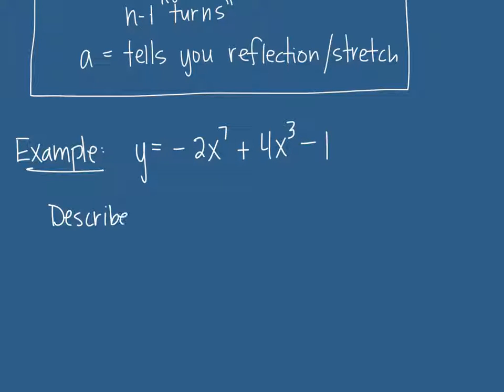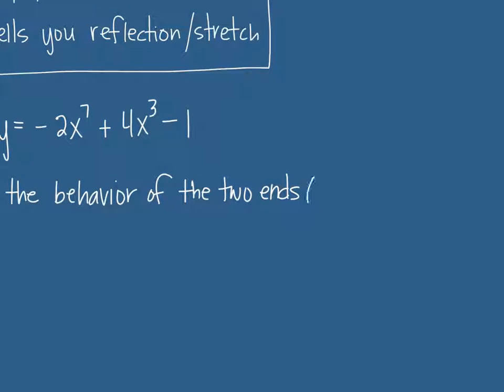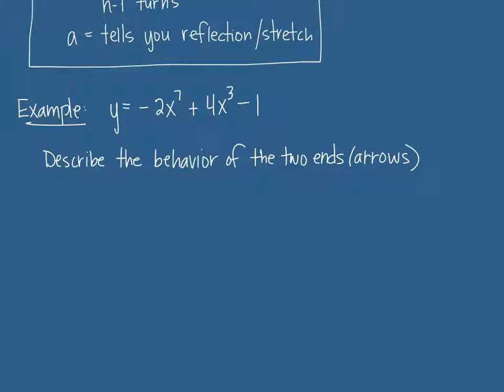Describe the behavior of the 2 ends. And by the 2 ends, I mean the 2 arrows at the end of each end of the graph. So I want to know, what is the left end doing and what is the right end doing?